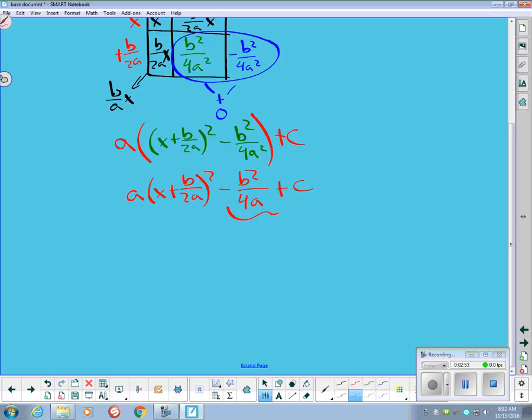And so if we find common denominator out on that part, we get a times x plus b over 2a, squared, minus b squared plus 4ac, all over 4a out there. And this is the completed square version of that.